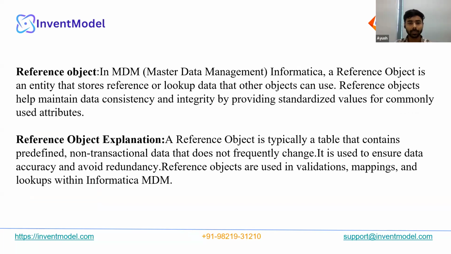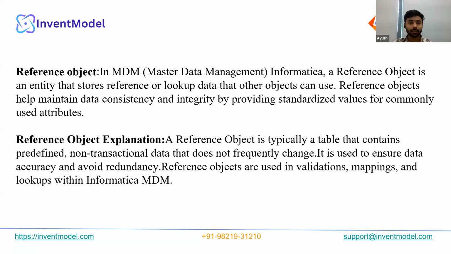A reference object in MDM is an entity that stores reference or lookup data that can be used by other objects. Reference objects basically help in maintaining data consistency and integrity by providing standardized values for commonly used attributes. We can take the example of country that we saw in the previous session.